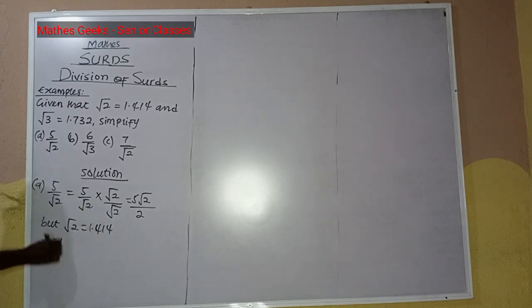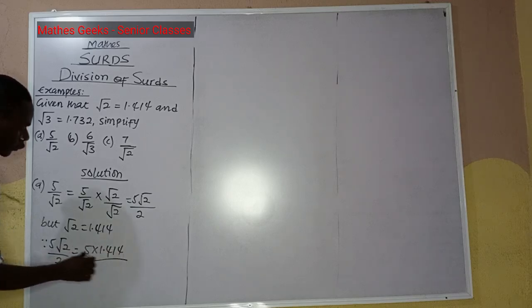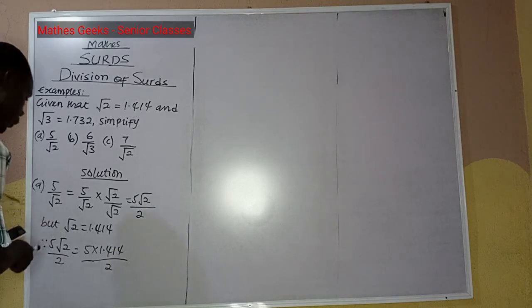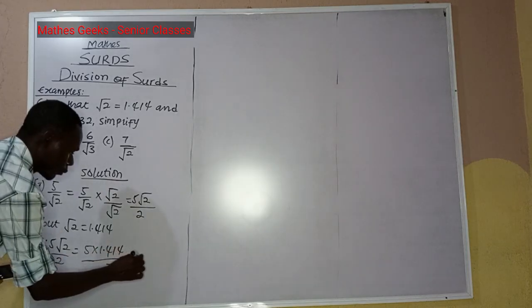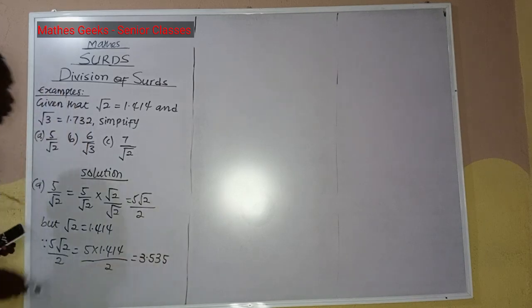So therefore 5 root 2 over 2 is equal to 5 times 1.414 over 2, which is 3.535.